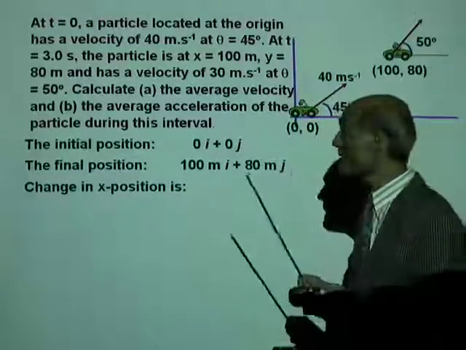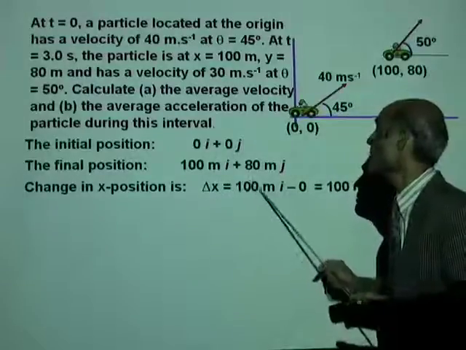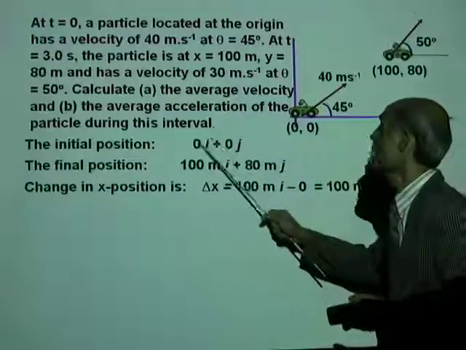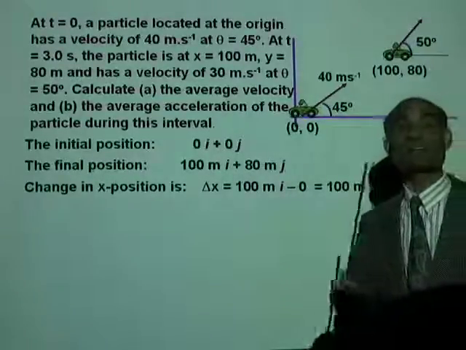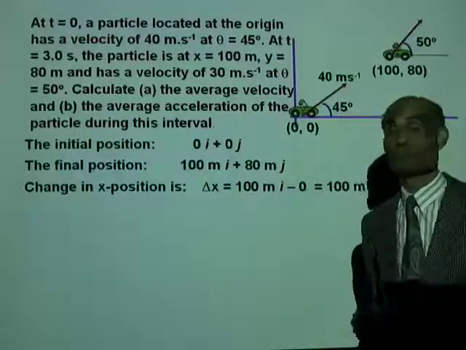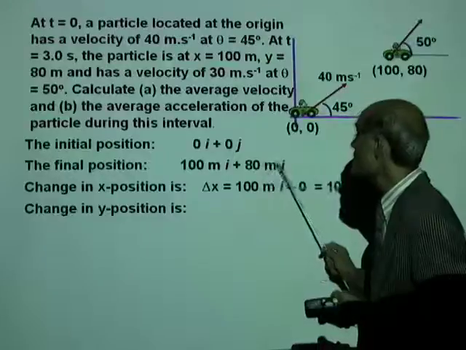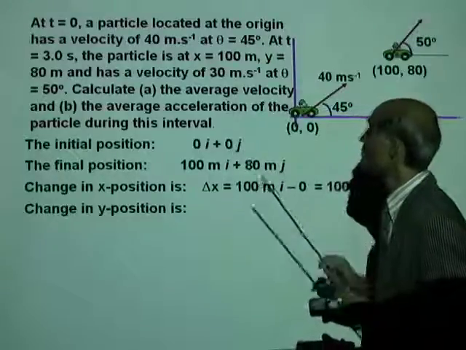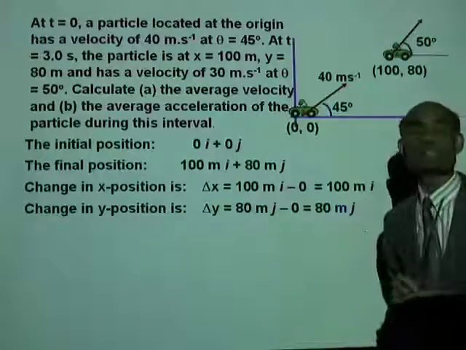The change in the x position is delta x equal to 100 meter i minus 0, and that will be 100 meter i. The change in the y position is 80 meter j minus 0 j, and that will be 80 meter j.